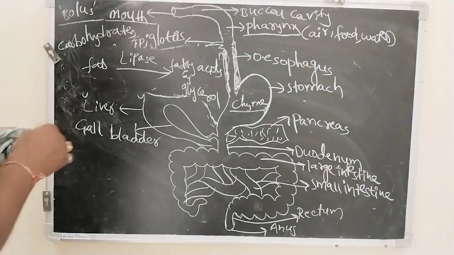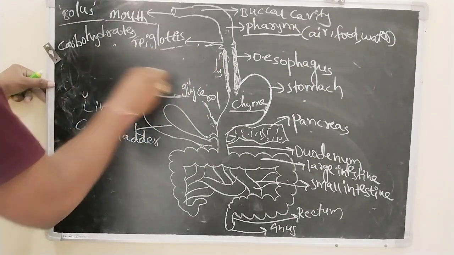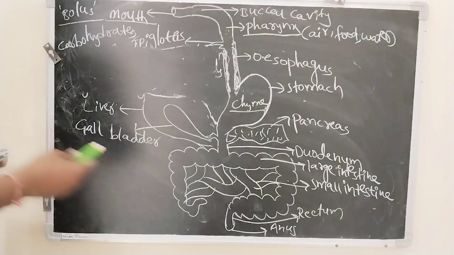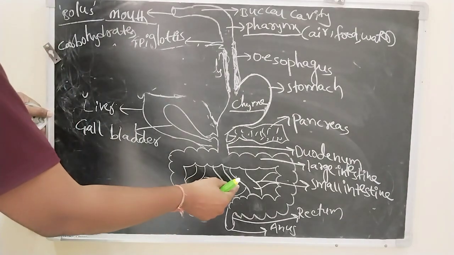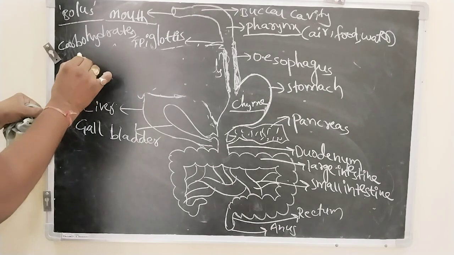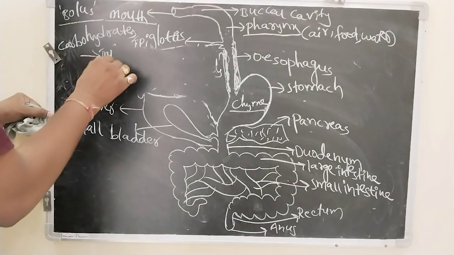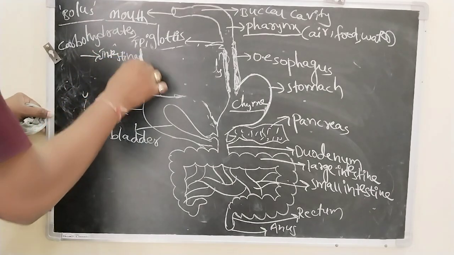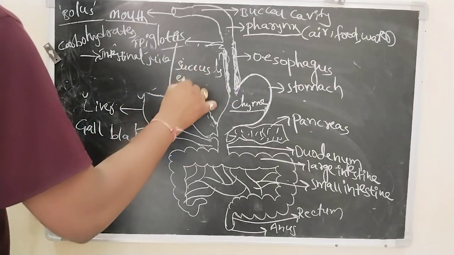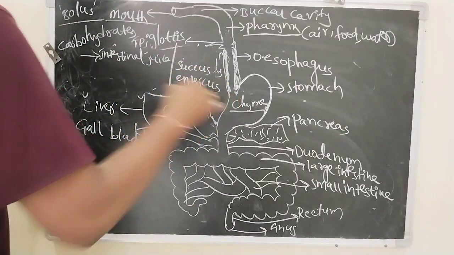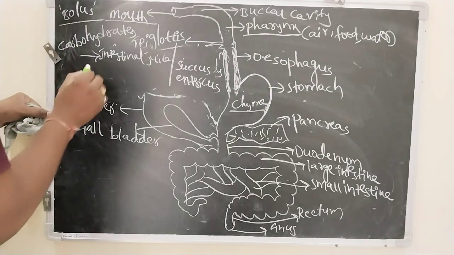Okay, so this is the function of pancreatic juice. Next, now the food has entered the small intestine. The small intestine also produces a juice called intestinal juice, also called succus entericus, which contains two enzymes.